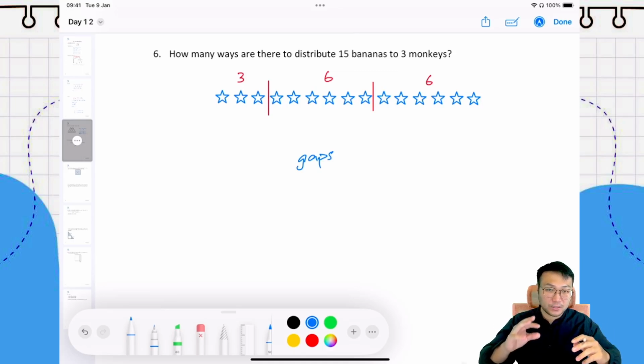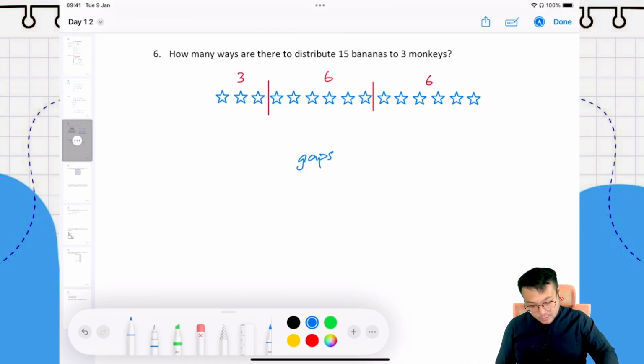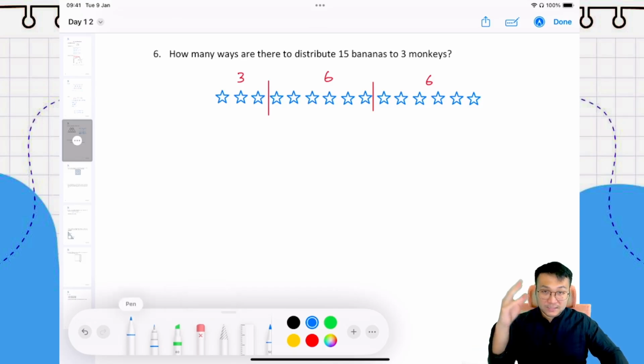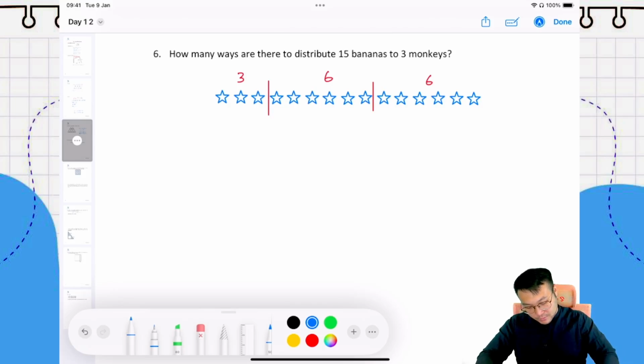Correct, Jensen. There are 14 gaps in between 15 stars. Why do I ask you this? If there are 14 gaps in between the stars, that is the number of places that I can draw my bars. So, how many ways are there to do it?